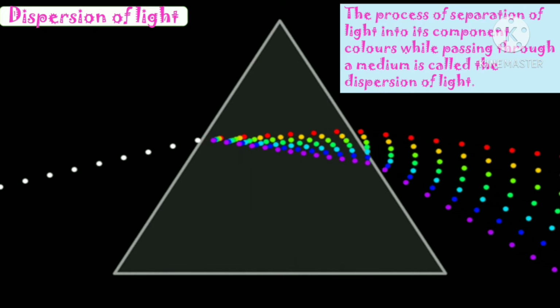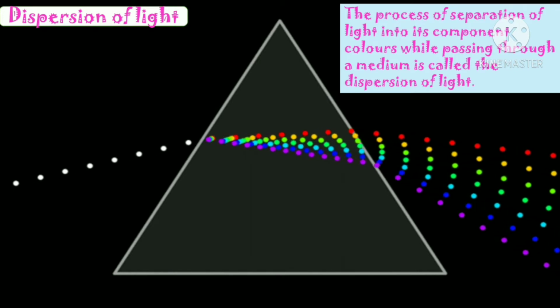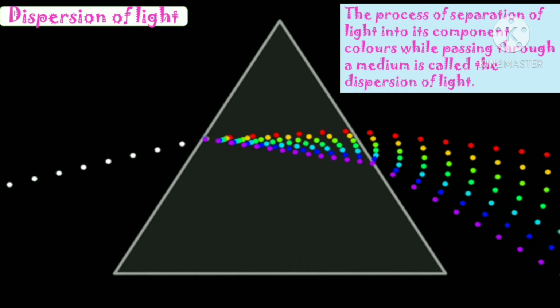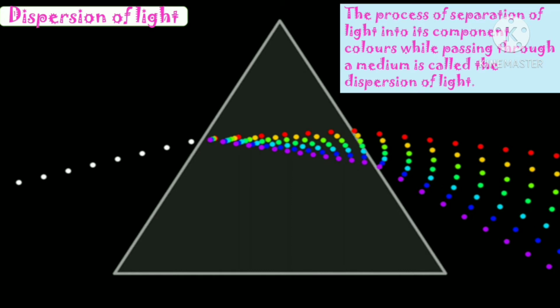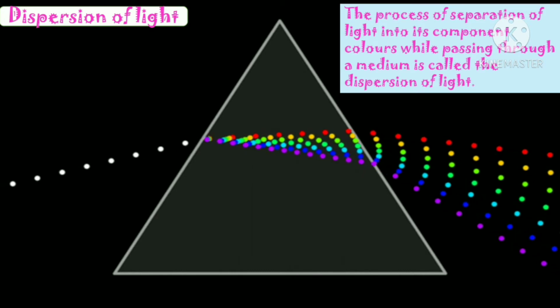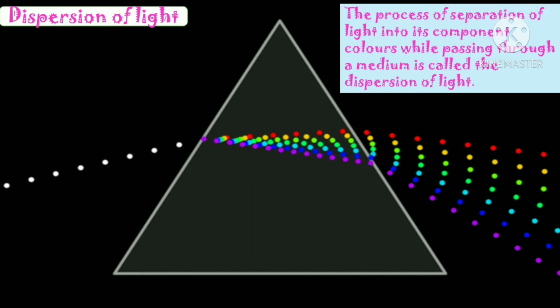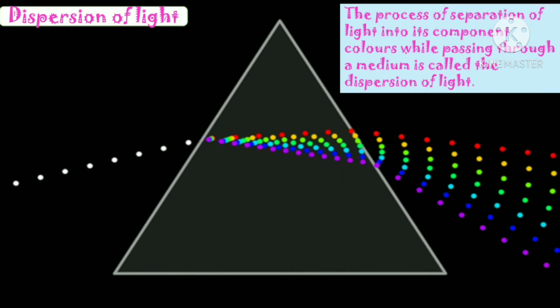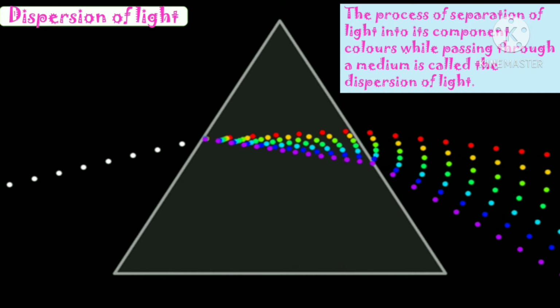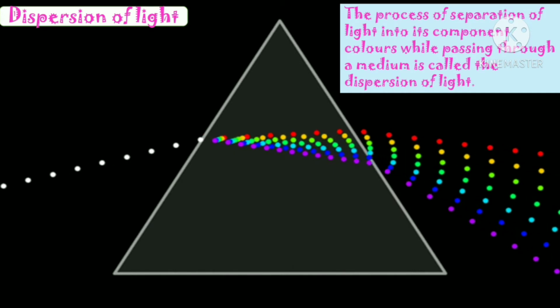The red light has maximum wavelength, close to 700 nanometers, while violet light has the smallest wavelength, close to 400 nanometers. Remember that 1 nanometer is equal to 10 raised to minus 9 meter.